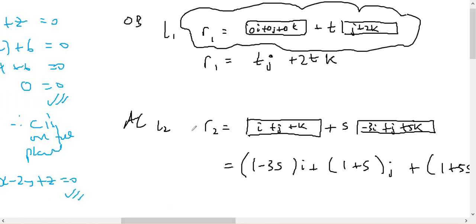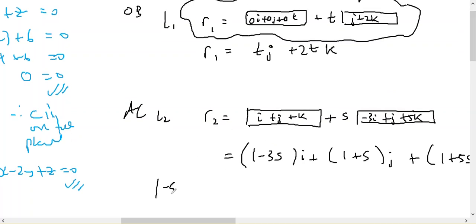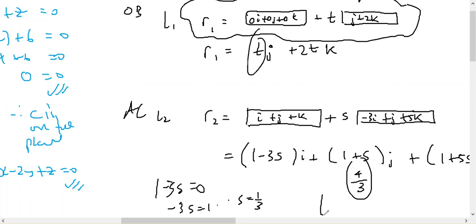And since I'm looking for the intersection point of these two lines, if I equate the I components together, then 1 minus 3s equals nothing because there is no I, which means that minus 3s equals 1, s equals 1/3, which means this is 4/3, which means that T equals 4/3.